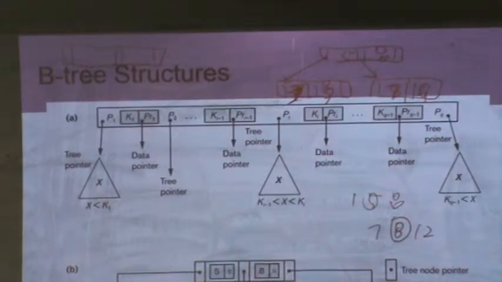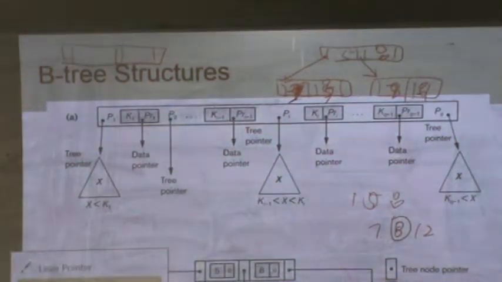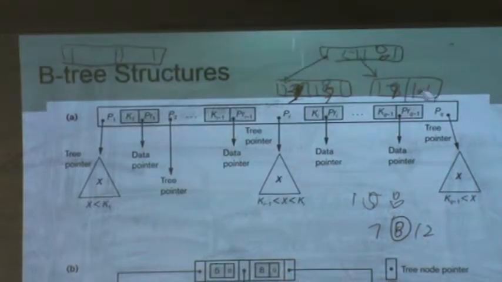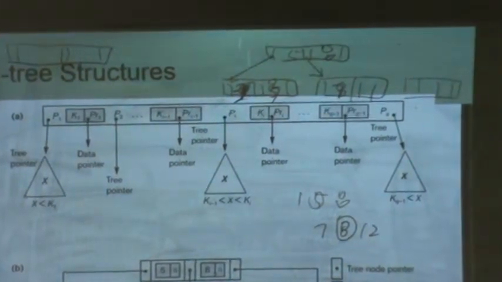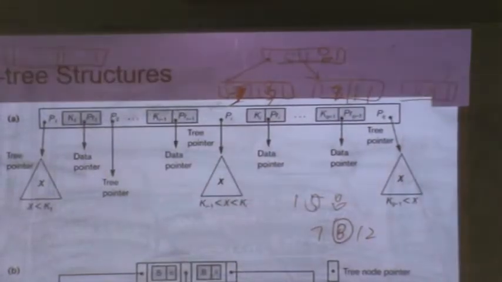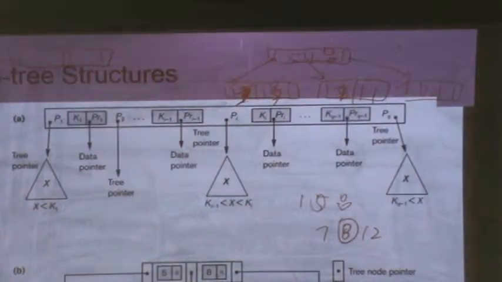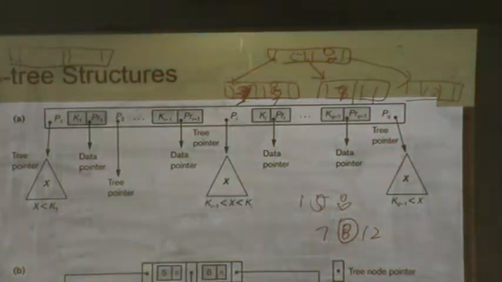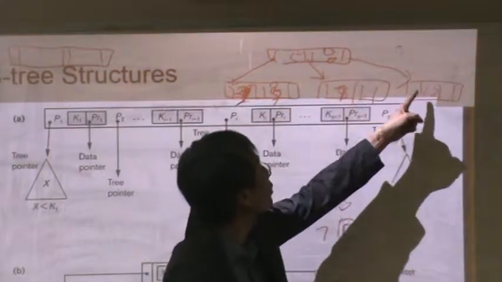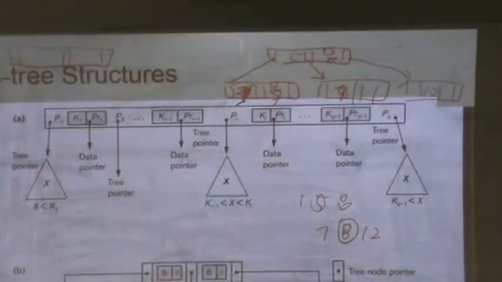And left hand side, the 7, split into 2. So 12 goes to here, then 8 is promoted. Then don't forget the children pointer like this. Then 9 is bigger than 8, so goes to here, we have a space. So 9, 12.